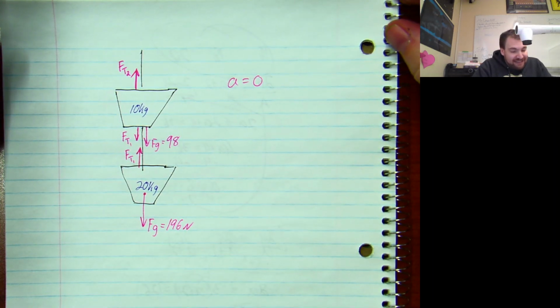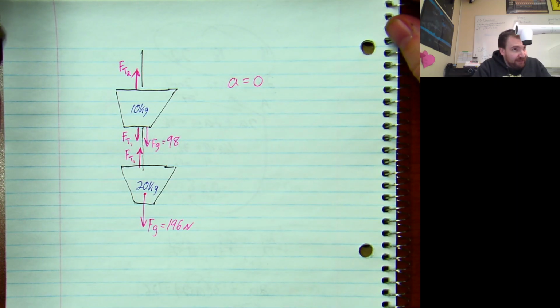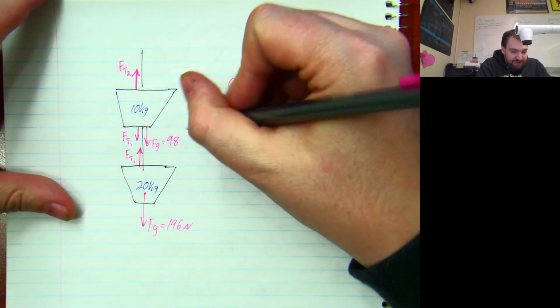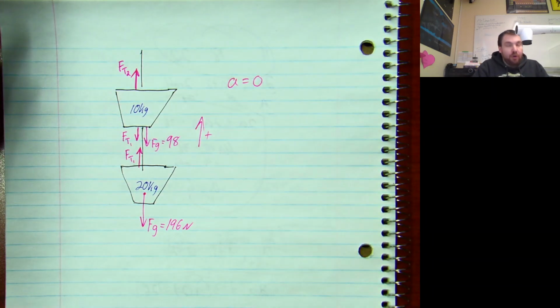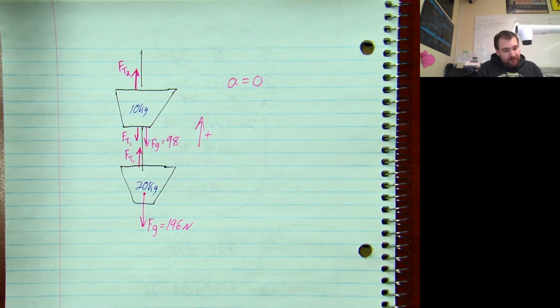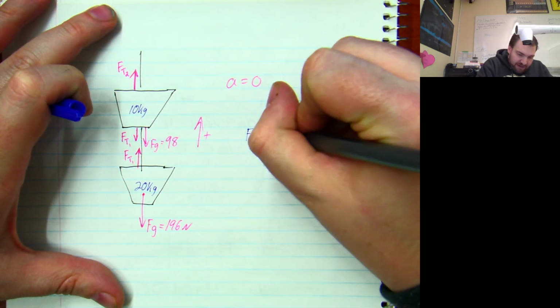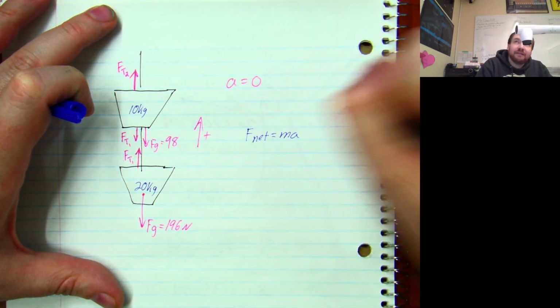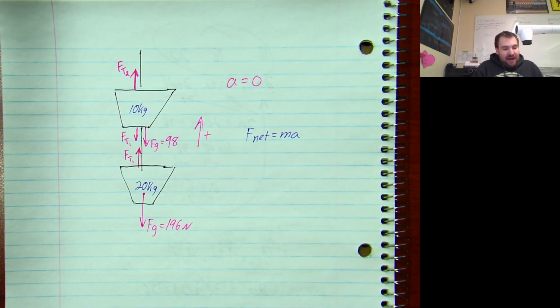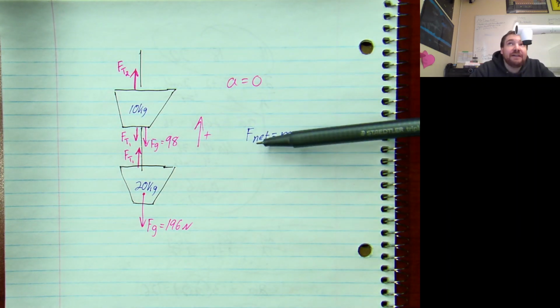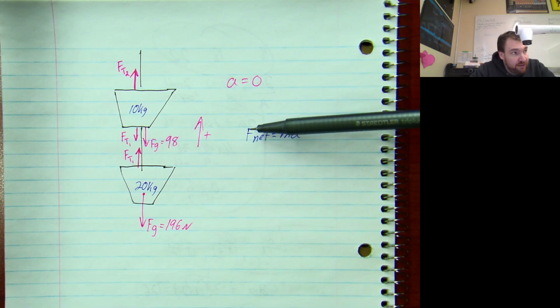And the last thing we should throw down on this diagram is what? Which way do you want positive to be, Jasmine? You said up was positive. Cool. So then let's write out the equation. F net equals MA, but A is going to be 0. What if up is positive, what's the F net expression going to be?